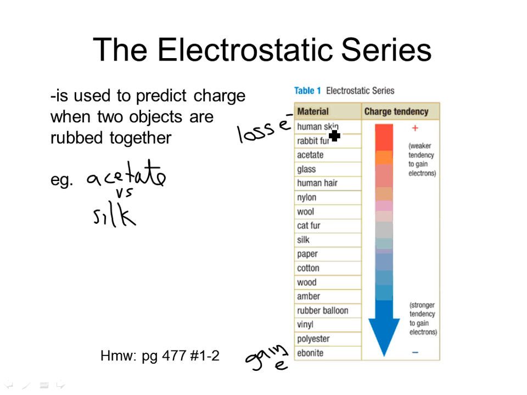What do we predict should be the charges on the acetate versus the silk? According to my chart, what should the charges be? Now, Parker, you paying attention? Excellent. These guys lose and they tend to become positive. Okay? These guys gain and they tend to become negative.